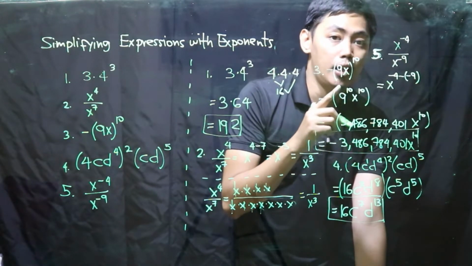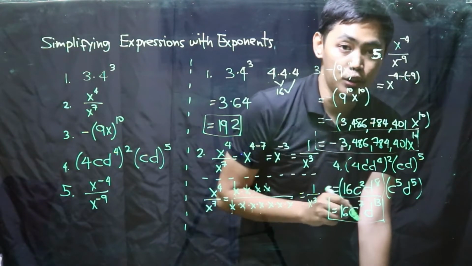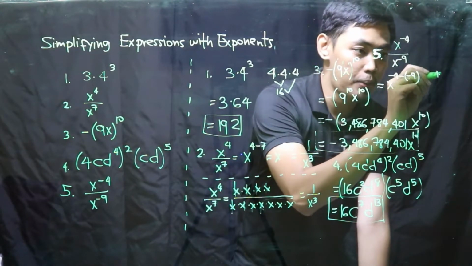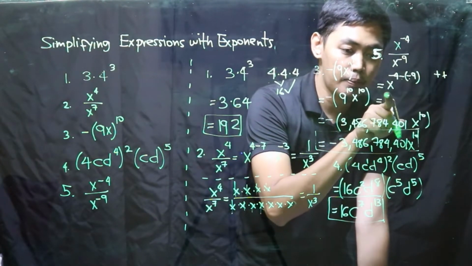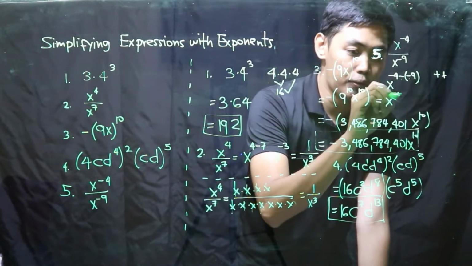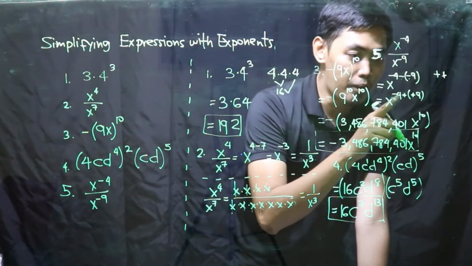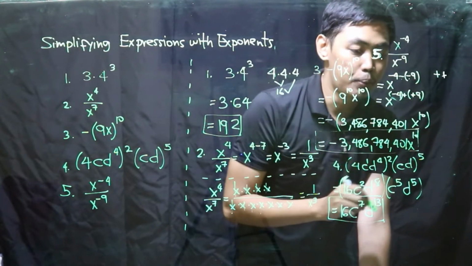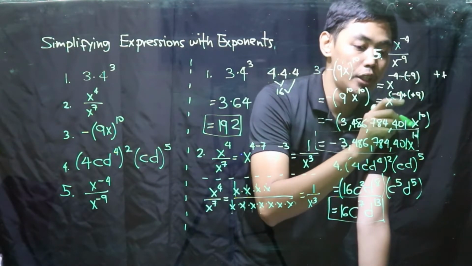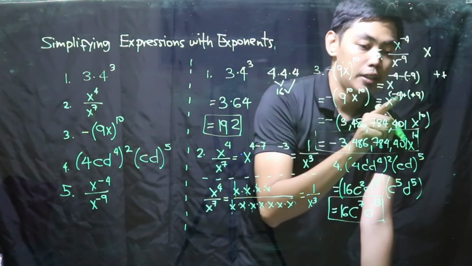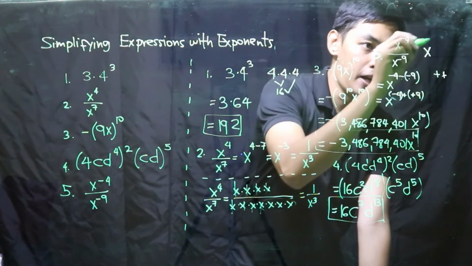Following the rules of integers, in subtraction we have minus minus, and minus minus means plus. So we change this to x to the power of negative 4 plus positive 9. We have a negative number and a positive number, so we subtract 9 minus 4, which is 5.